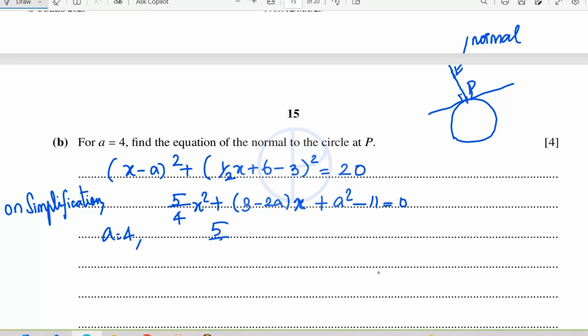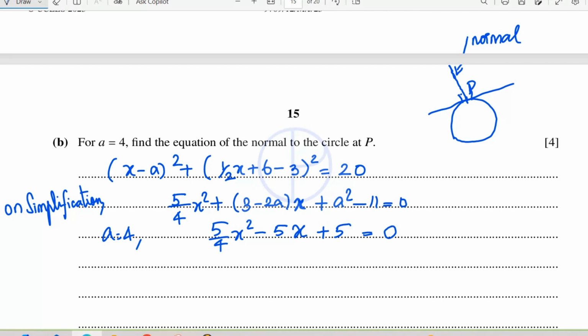So 5 over 4 x square, 3 minus 8, so minus 5x, plus 16 minus 11, which is 5, equal to 0.